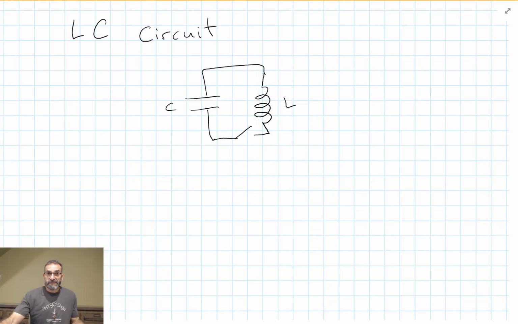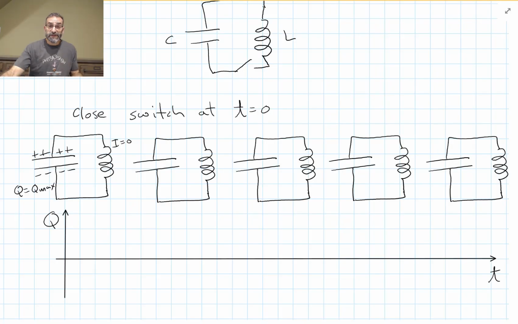Let's take a look at this special case where we have just an inductor and a capacitor in a circuit and nothing else. Assuming our capacitor is charged, let's close that switch at t equals 0 and see what happens. I'm going to plot the charge on the capacitor as a function of time after we close that switch.